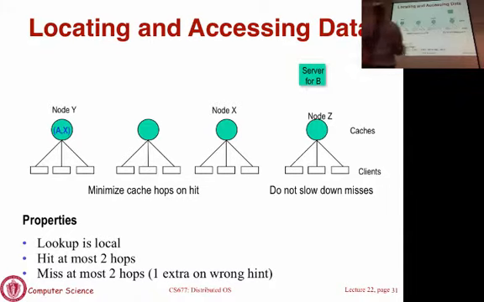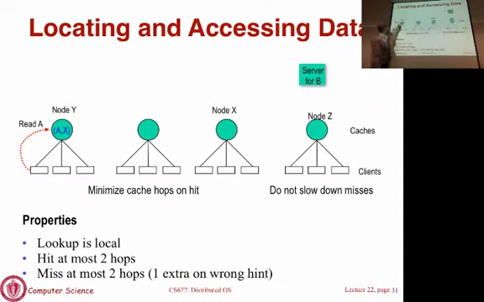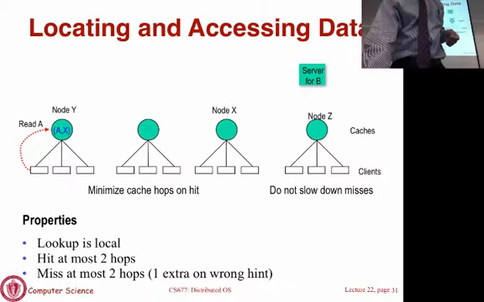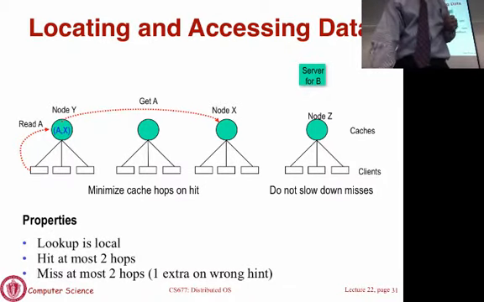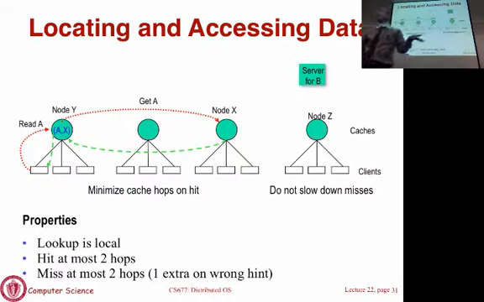Now, when a request comes in, you simply look at the table to see who has it. In this case, you see that A is at node X. So you basically go get it from X, you get back the page, and you send it, and you're done. You didn't have to first ask everyone who has it, and then based on the reply, go get it. You even saved that time.